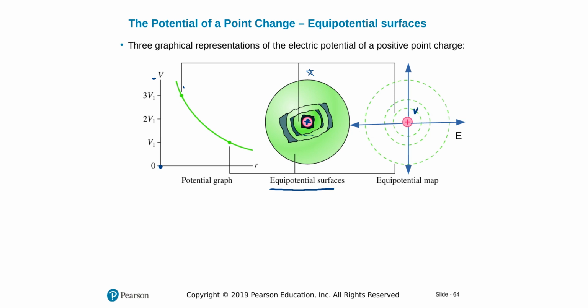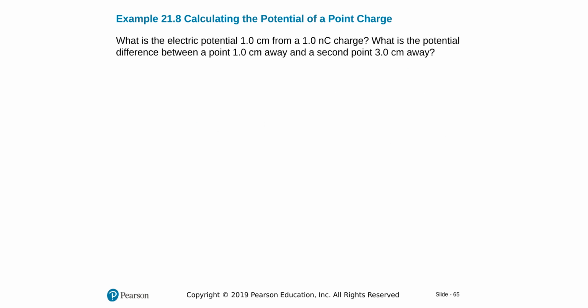So if this is V1, this is V2, all along the surface I always have the same potential, thus equal potential surfaces, V1 and V3 and so on. And the electric field turns out to be always perpendicular to these surfaces or equal potential lines, everywhere perpendicular. That's the relation between an electric field and potential.